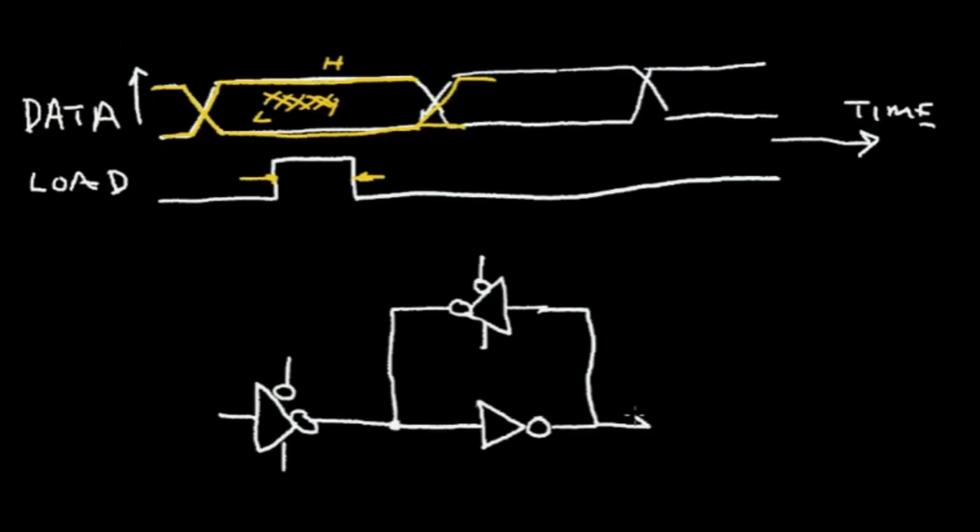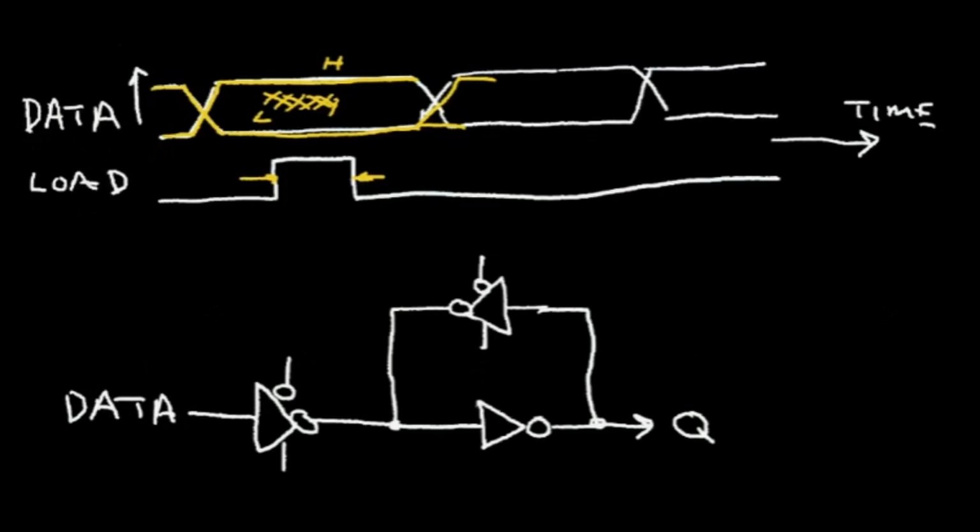And this I'm going to call Q, which is the output of my latch circuit. And this input to this tri-state driver is going to be my data signal. So that's the signal shown at the top.